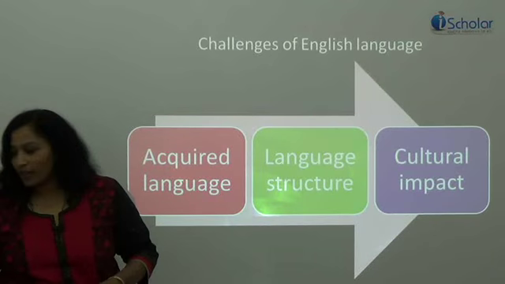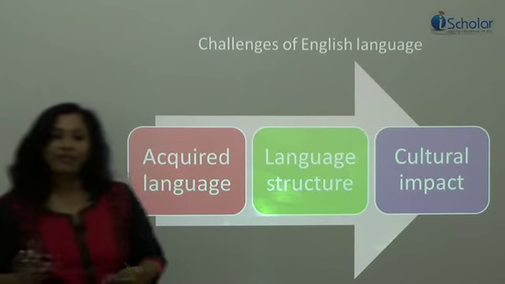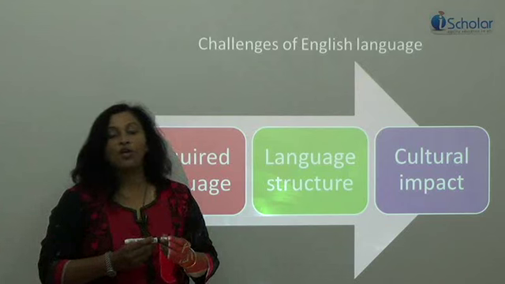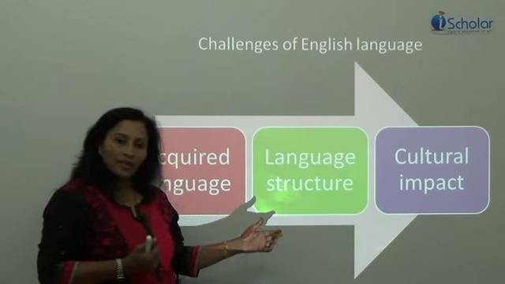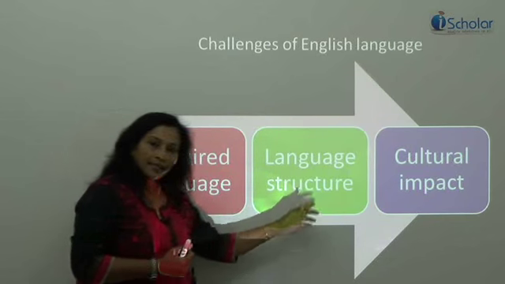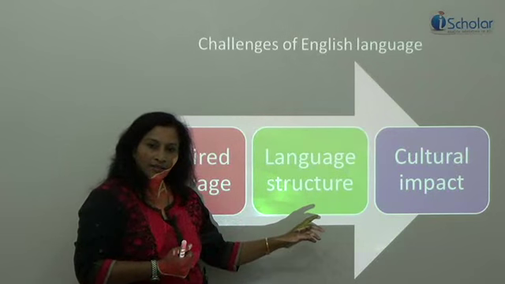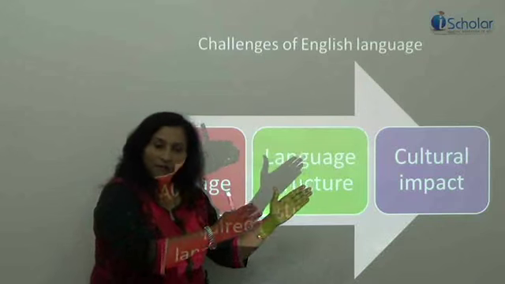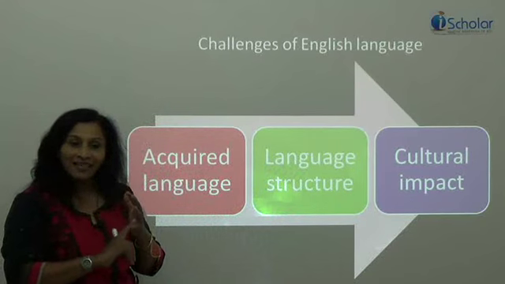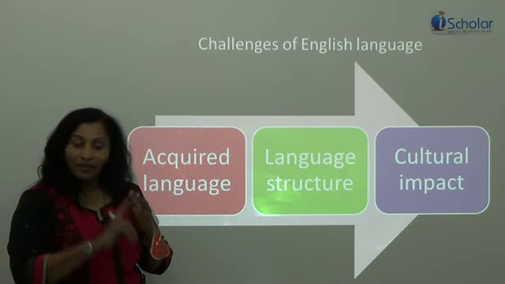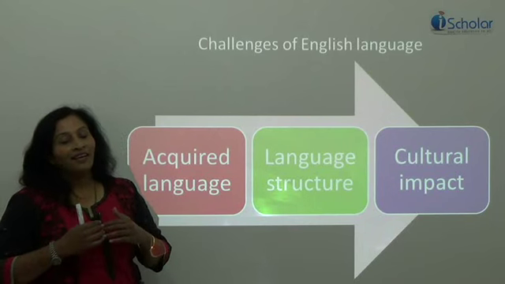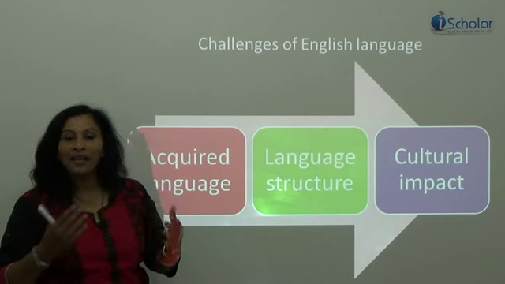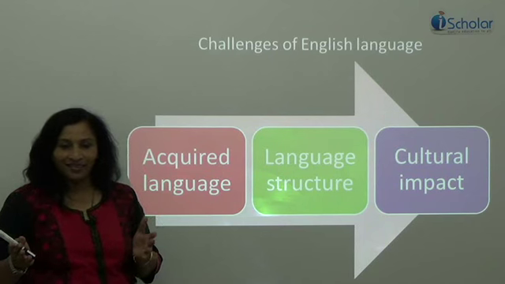And yes, of course, the cultural impact. Whenever we study English, of course now we have a lot of Indian writers also in English, but whenever we study English, what we see is that there is a cultural impact. The culture from which English comes, the sayings, the proverbs, all these proverbs are different. For example, we have a common proverb in English, make hay while the sun shines.